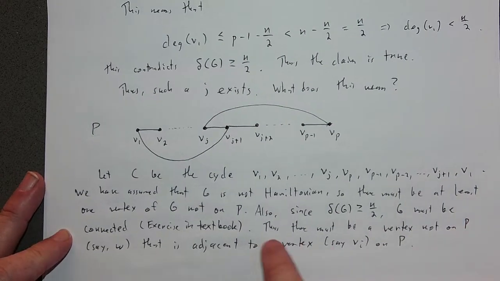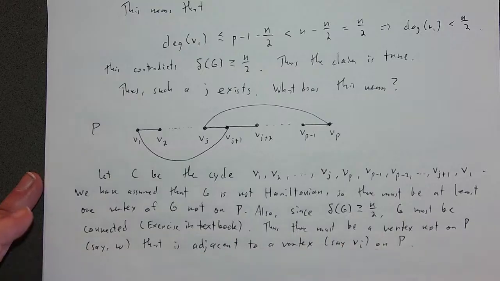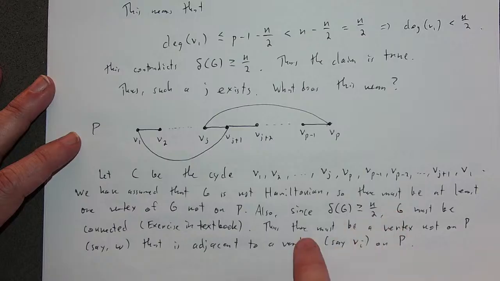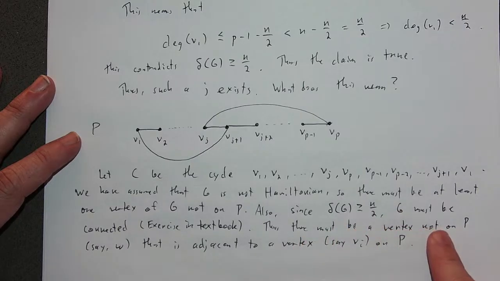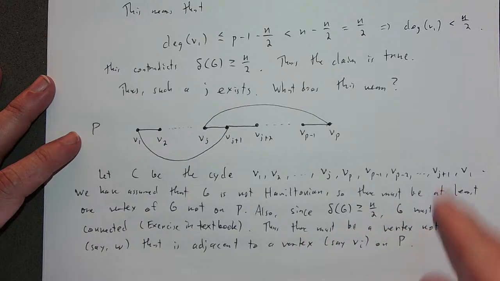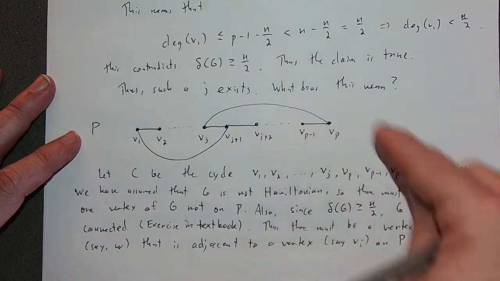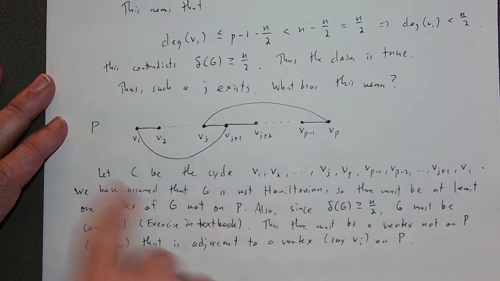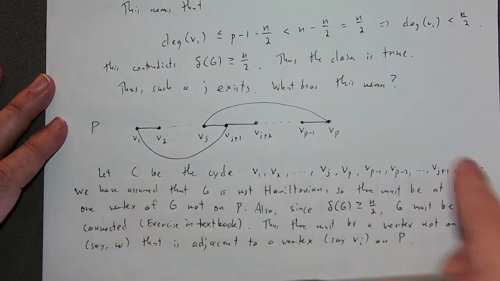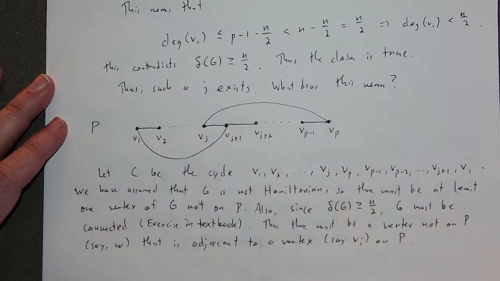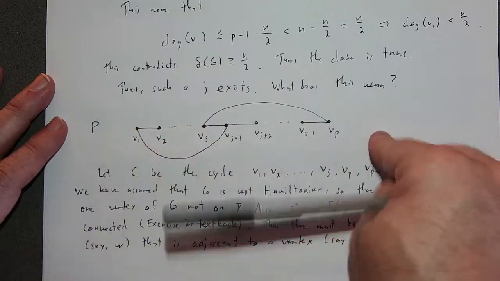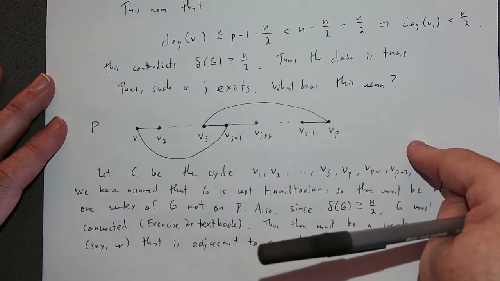So this is the case because, first of all, there has to be a vertex not on P or G is Hamiltonian, because this cycle that I came up with would be a Hamiltonian cycle spanning the vertices of G. Okay, so there's got to be a vertex in G that's not indicated here.